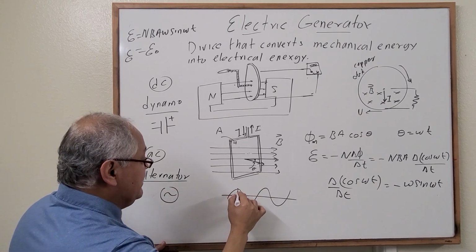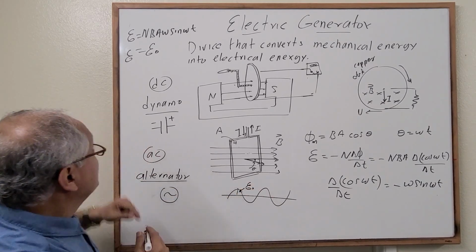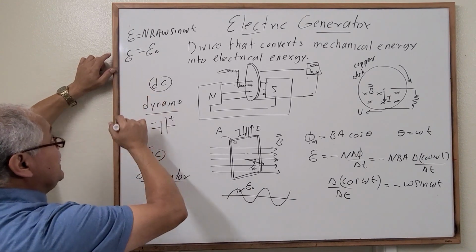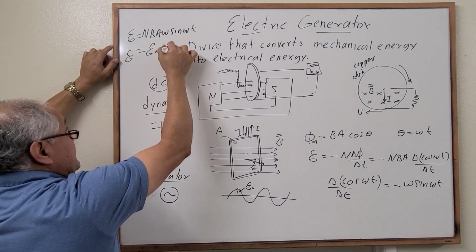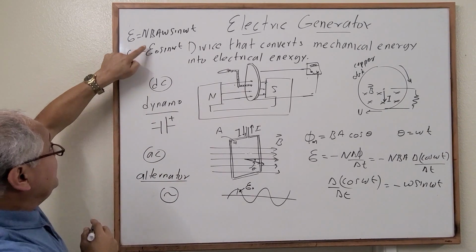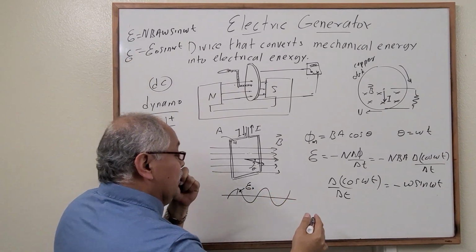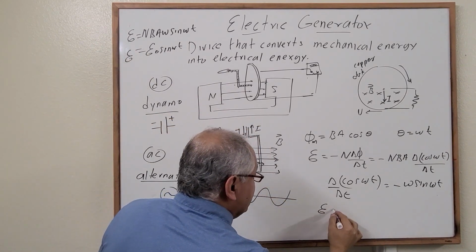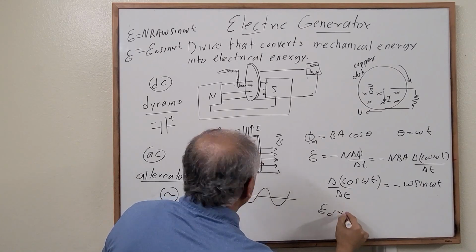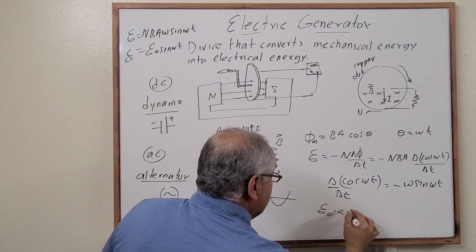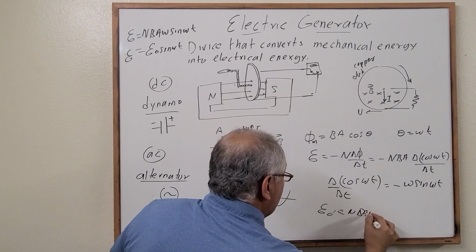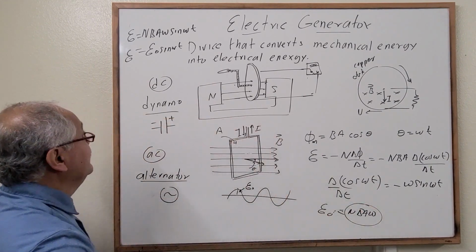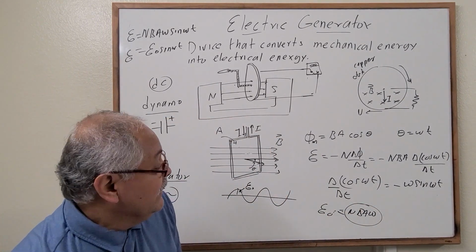The amplitude is epsilon naught, times sine omega t. Epsilon naught is this quantity, epsilon naught equals N B A omega, correct? Okay, perfect.